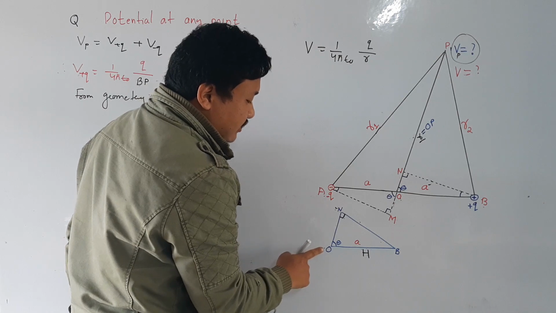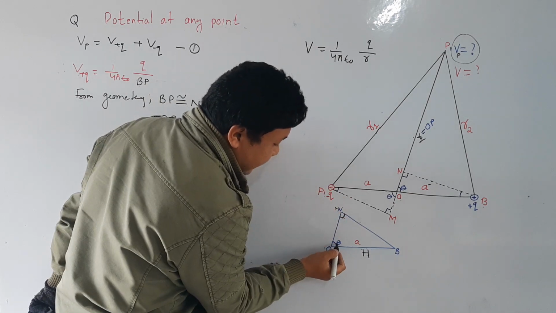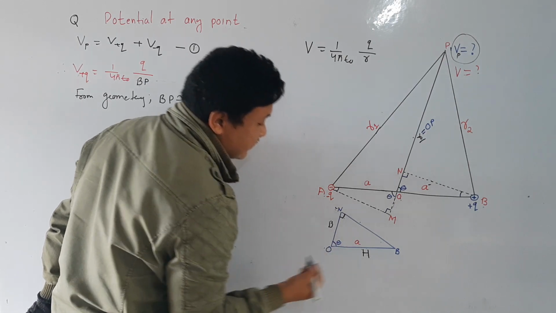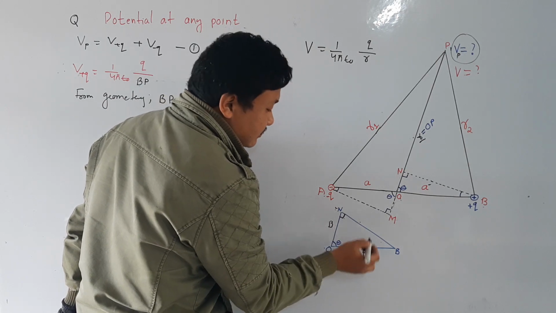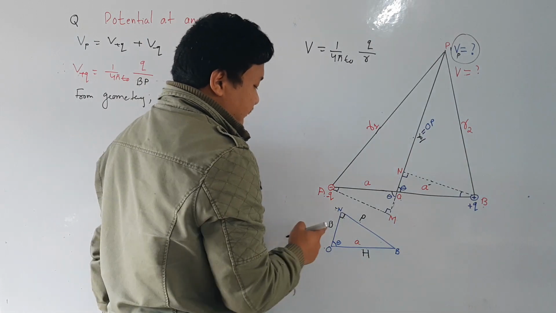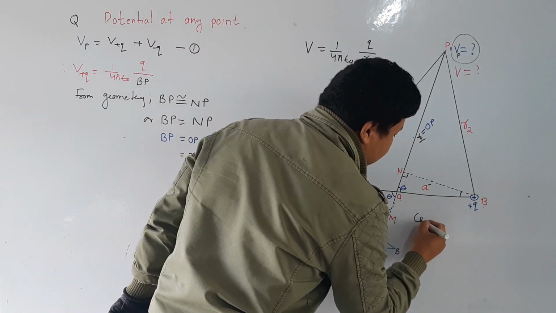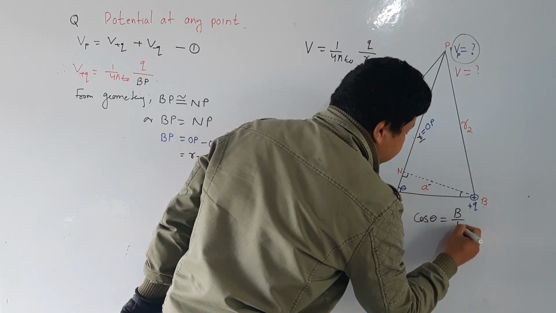The line between the angle and the 90 degree is always the base. So if it is the base and this is the hypotenuse, then this is the perpendicular. So how do we find ON? ON can be found using cos theta. Cos theta is equal to base by hypotenuse.